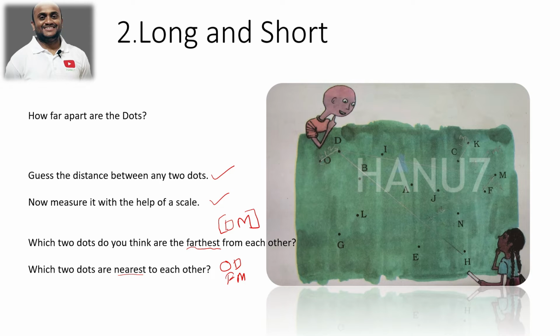This is an activity shown on the screen which students will play in the classroom. They will take a piece of paper, put all these dots on it, and then play. These two are a student pair. They are guessing and measuring. The one on the top is guessing, and the girl here is measuring with the scale.